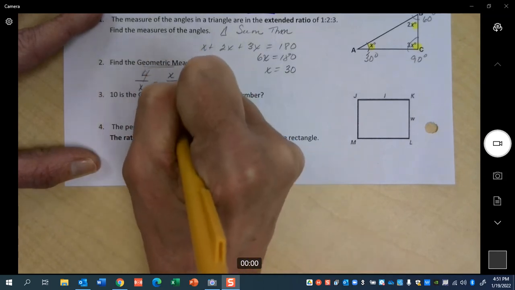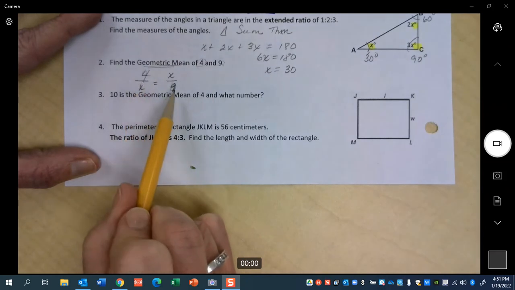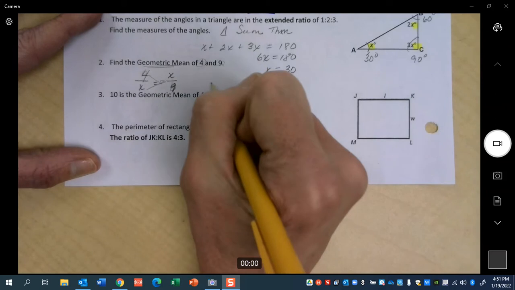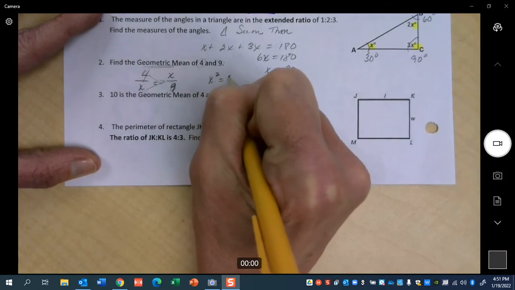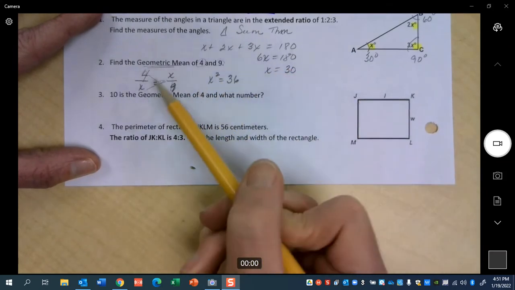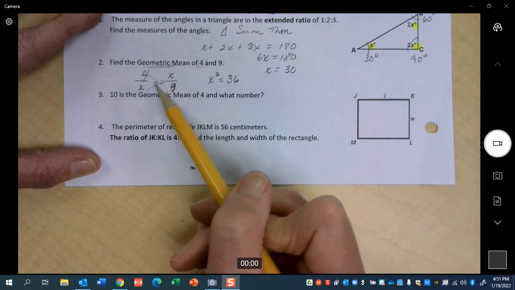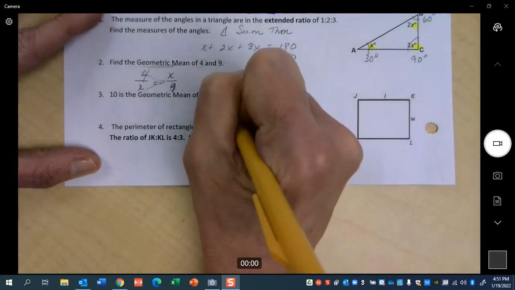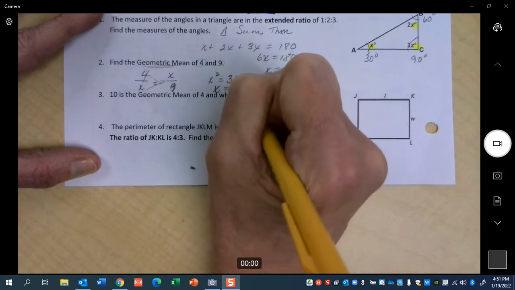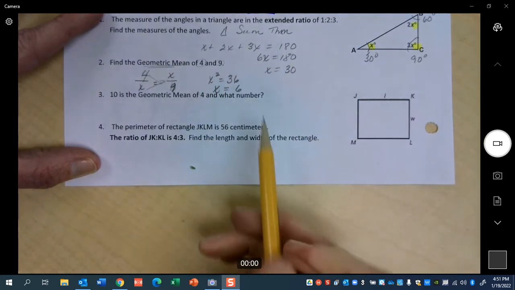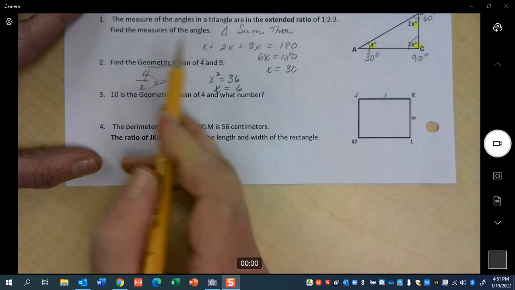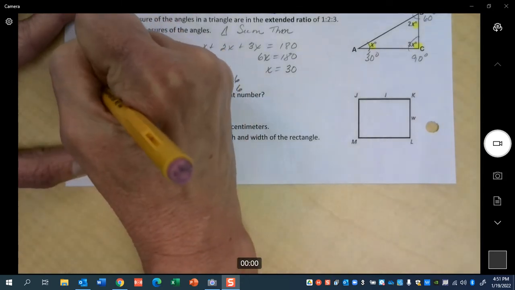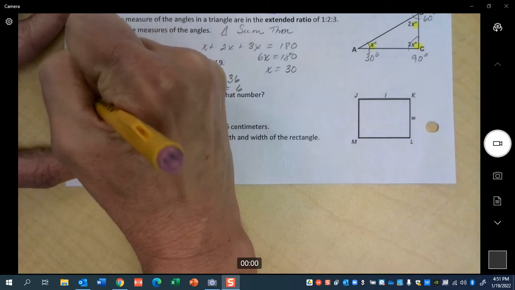It doesn't matter whether I put the 4 here or the 9 here and here, because if you notice with our cross products, I get x squared is equal to 36. No matter what I'm multiplying my x's, no matter what I'm multiplying 4 and 9. x is going to be equal to 6. We're not going to use the plus or minus because one rule of thumb here is that the geometric mean is always positive.